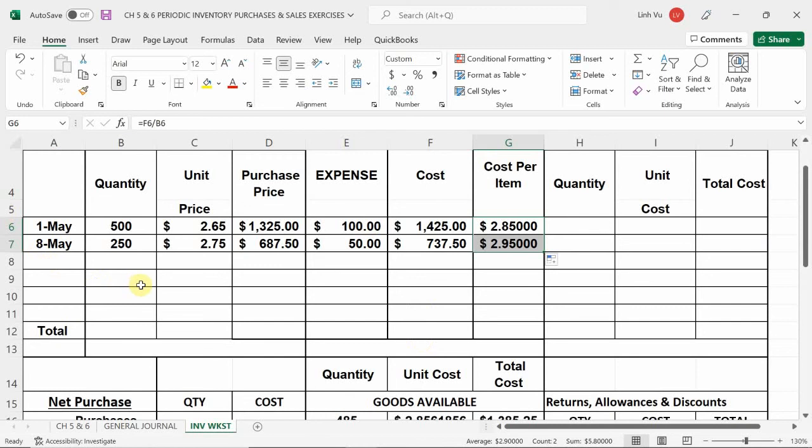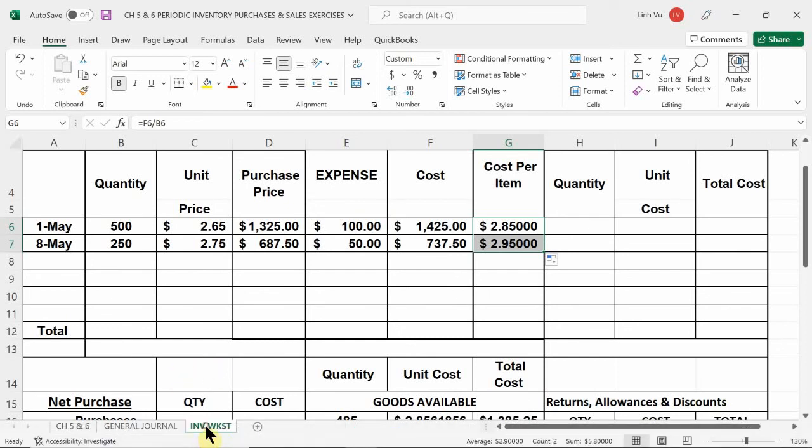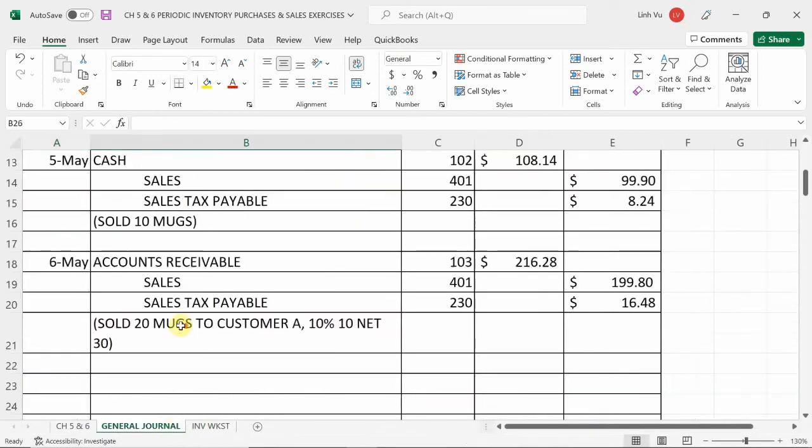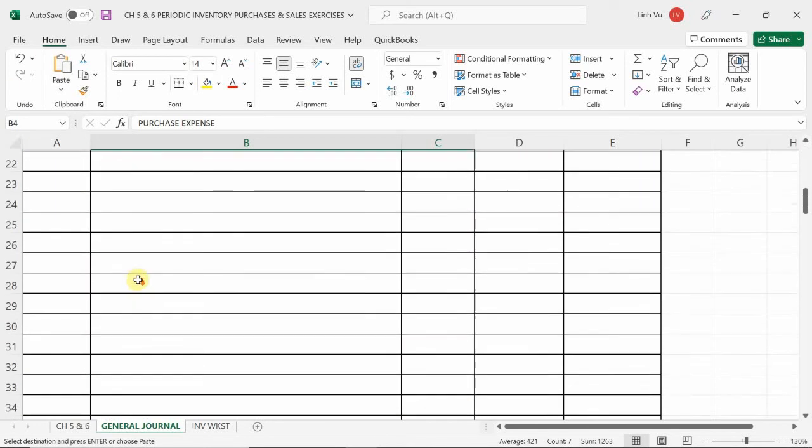We can journalize this. You got $687.50, and you got $50 worth of freight to give you a grand total of $737.50. I can copy a journal that we've already previously done.